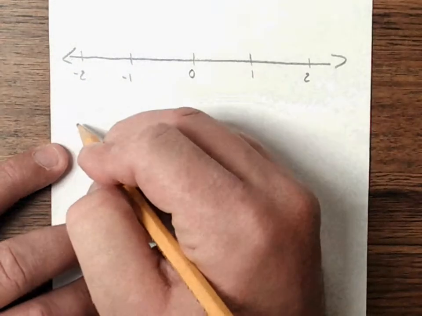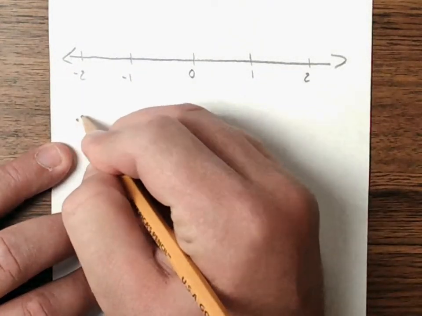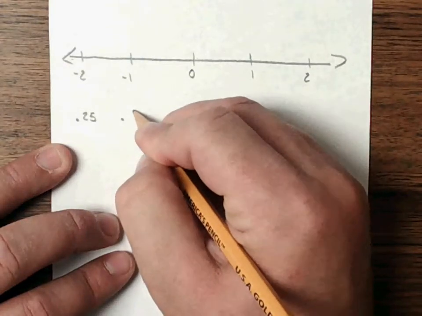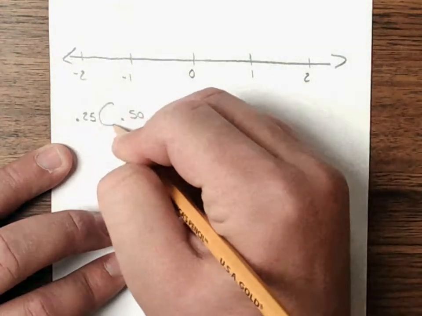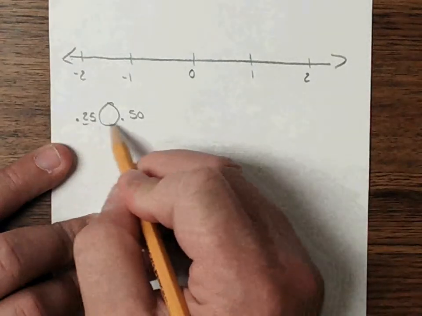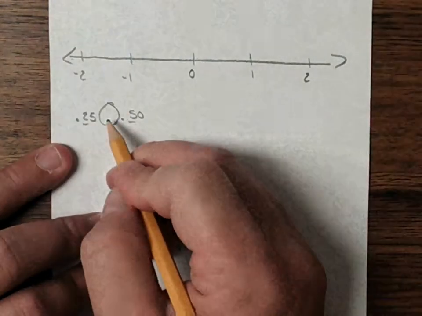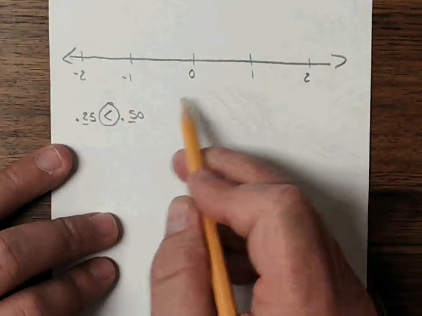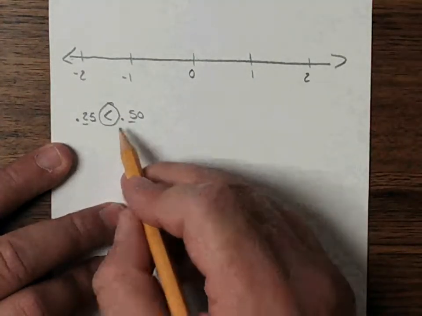Let's do 0.25 and 0.50. We're going to draw that circle there. So if we compare these, the 2 is less than 5, so I'm going to draw a less than sign there. Now I want to plot these on our number line that we just made.